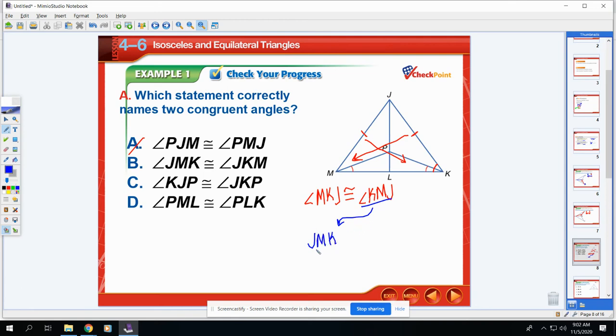Because as long as that middle letter is right, that's all that matters. So angle JMK, we flip this over here, that's going to match up perfectly with letter B. So we went ahead and did our answer first before looking through the options, which is okay, but we should have had letter B.